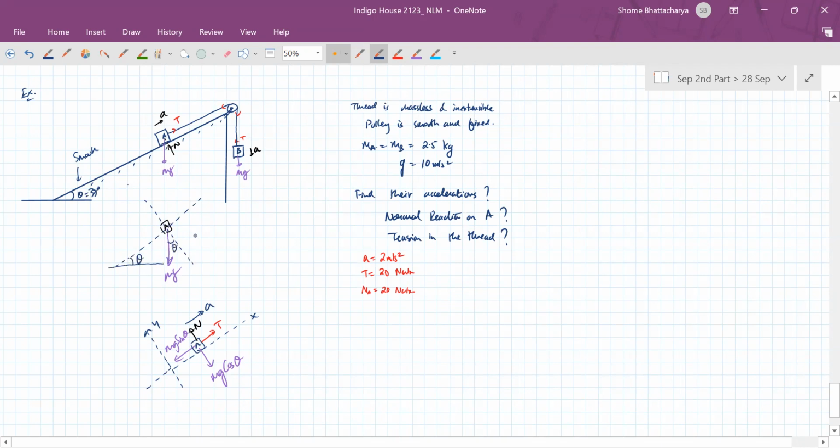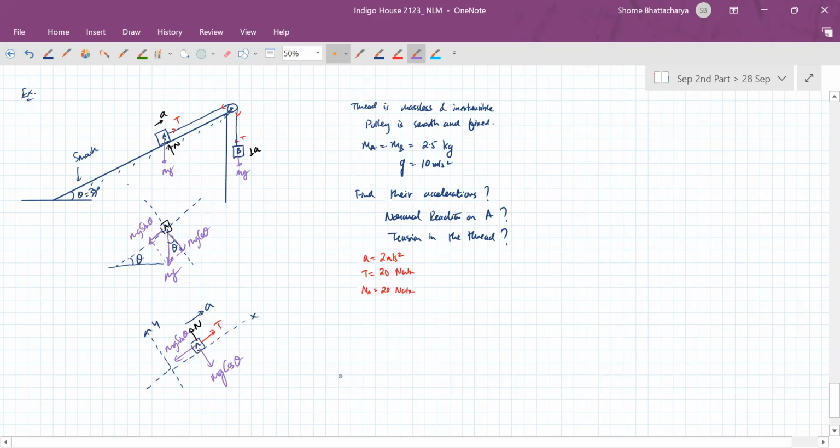So this angle also becomes theta. And that is why when you look at the components, this one becomes mg cos theta. And this one becomes mg sin theta. So your vector algebra should be very accurate in such situations. Inclined plane we have discussed in previous problems also.